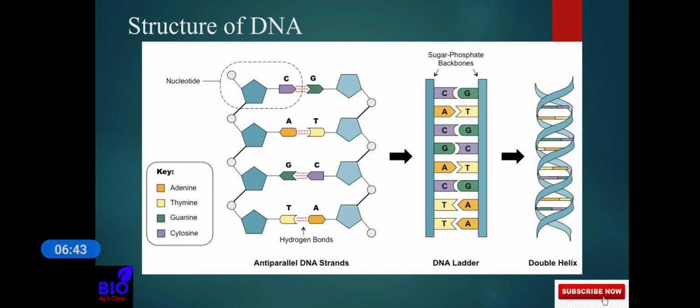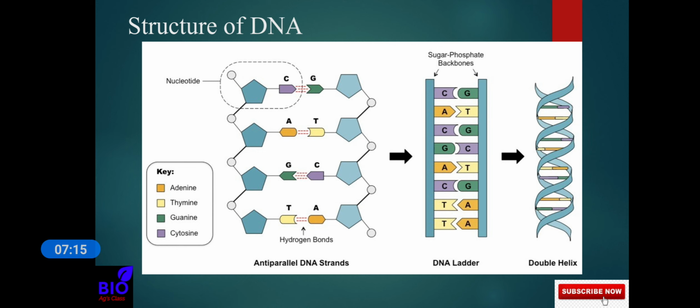So, how do they work? Are there any other characteristics in the DNA structure? Yes, there are. What are they? Let's discuss it. As you know, DNA is a double helix structure, that is, each DNA molecule is comprised of two biopolymer strands coiling around each other to form a double helix.